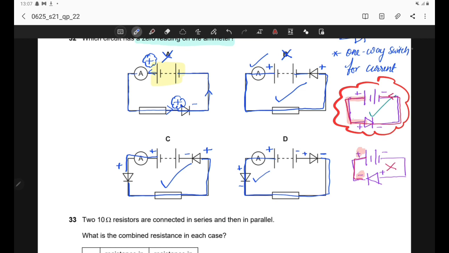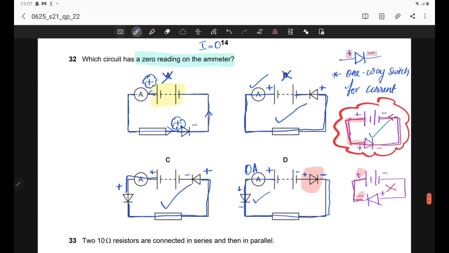So this diode is reverse biased, and we have already seen that in this case the diode will not let electricity flow, but will block the current, so there is no current in this circuit. Hence the ammeter reading will be 0 ampere. Therefore the correct answer is option D.